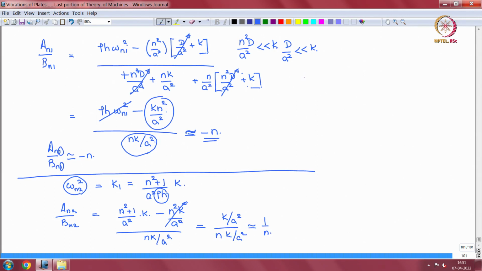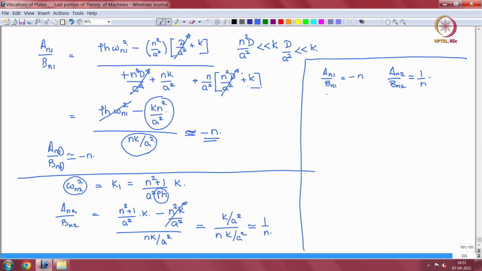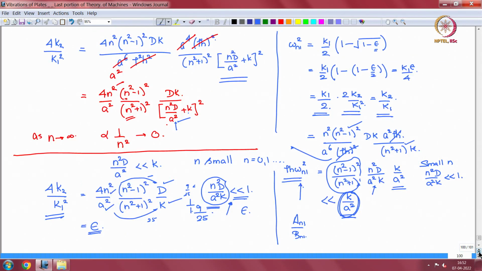Okay. So if I make a note here, an1 by bn1 is approximately minus n, an2 by bn2 is approximately 1 by n, and I have a straight number here, omega n2 square is equal to n square plus 1 by a square rho h k, and omega n1 square is this.